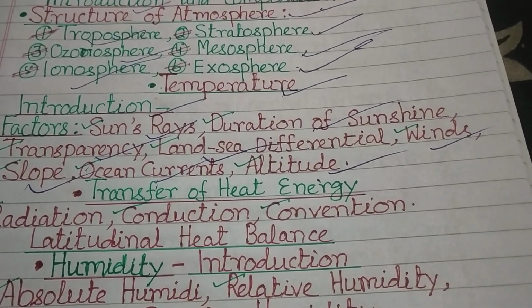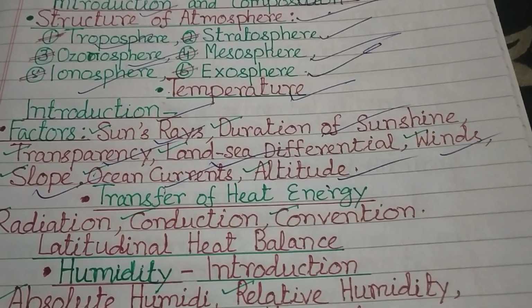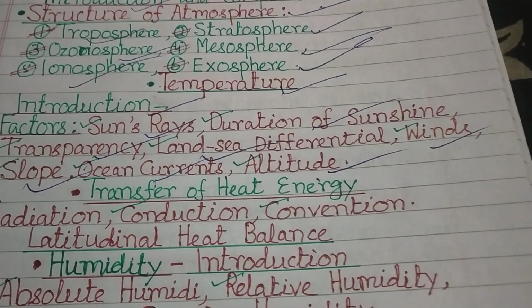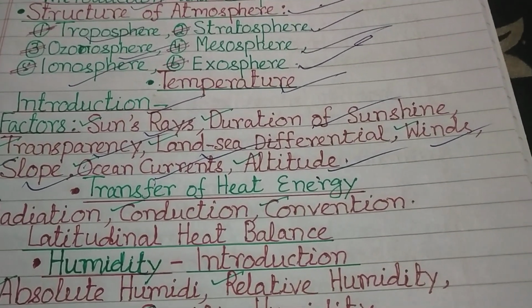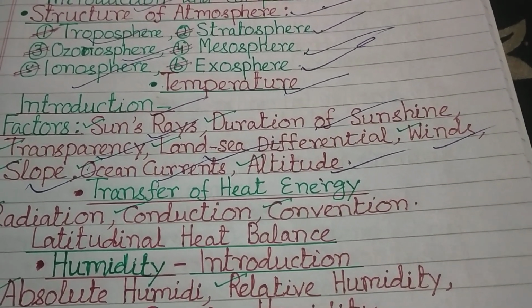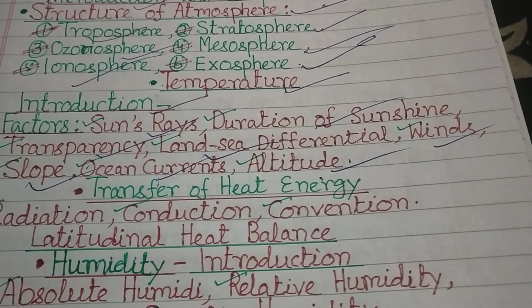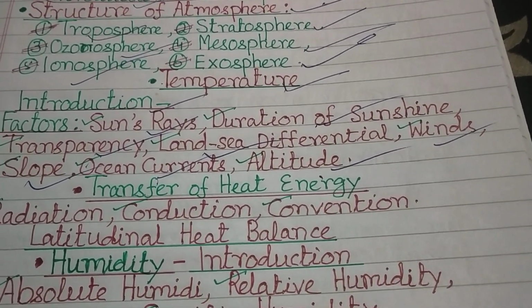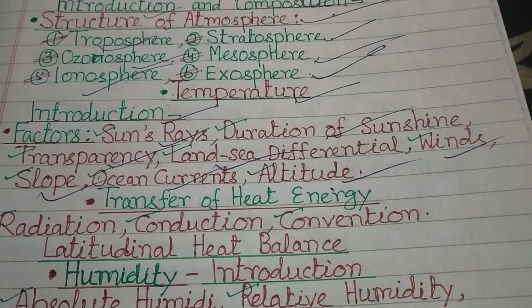In many valleys, settlements and cultivation areas are therefore concentrated on southern slopes, whereas northern slopes remain forested. In our country, this phenomenon is well observed in the Himalayan region.